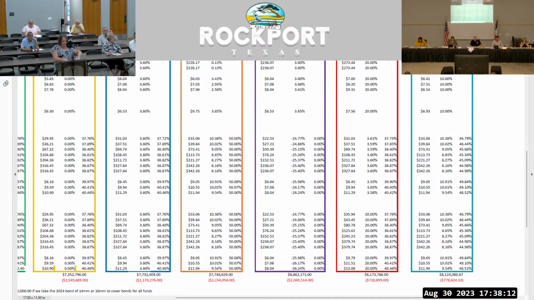And then the last thing in your packet is some comparable cities, which I think you saw. I sent that out on Friday, but we have in-city rates, out-of-city rates, volume rate, in-city, out-of-city. Like you can see, Aransas Pass is 50%, Bernie is 20%, Robinson is 10%, Beeville 76 and 34.